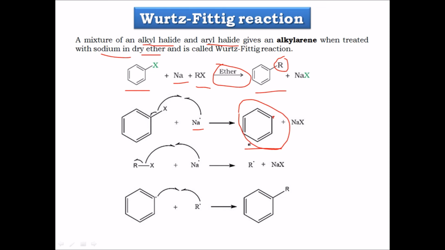Then exactly the same way, the alkyl halide reacts with sodium, like the first reaction, generating an alkyl free radical. Then these two free radicals combine to form the alkyl arene. So the intermediates involved are free radicals, and these two free radicals combine to form a neutral molecule, the alkyl arene. That's the Wurtz-Fittig reaction.